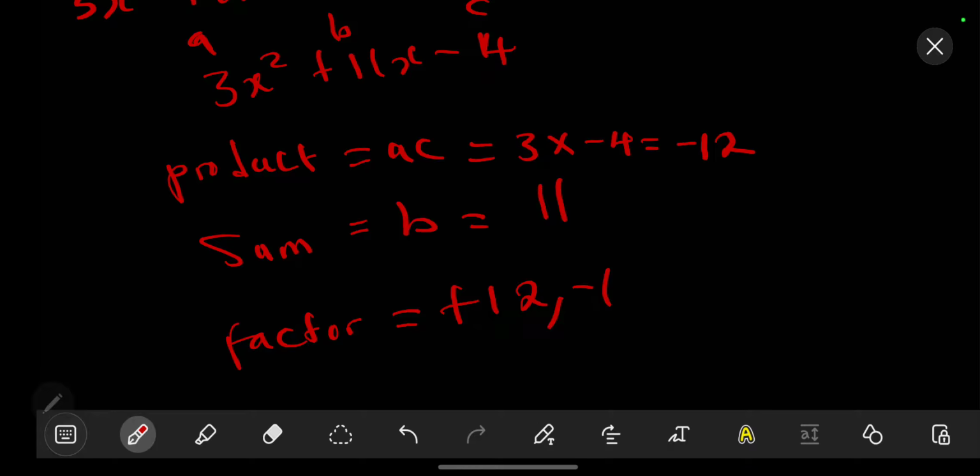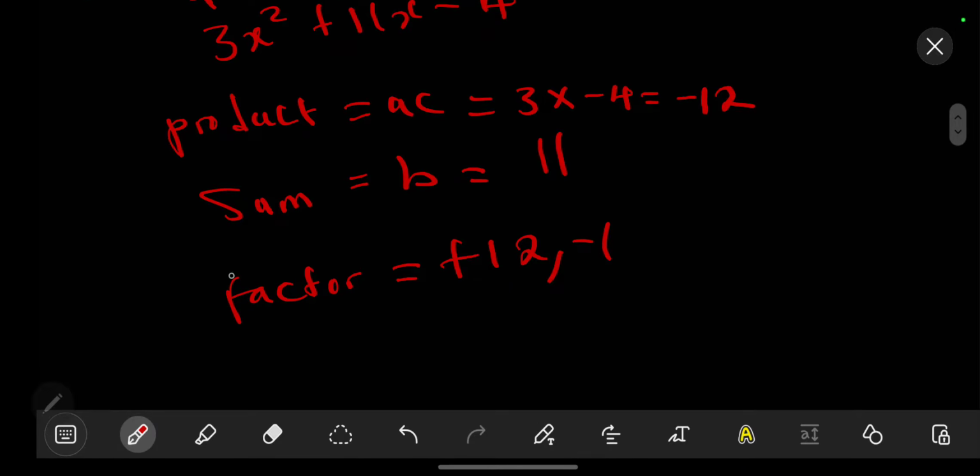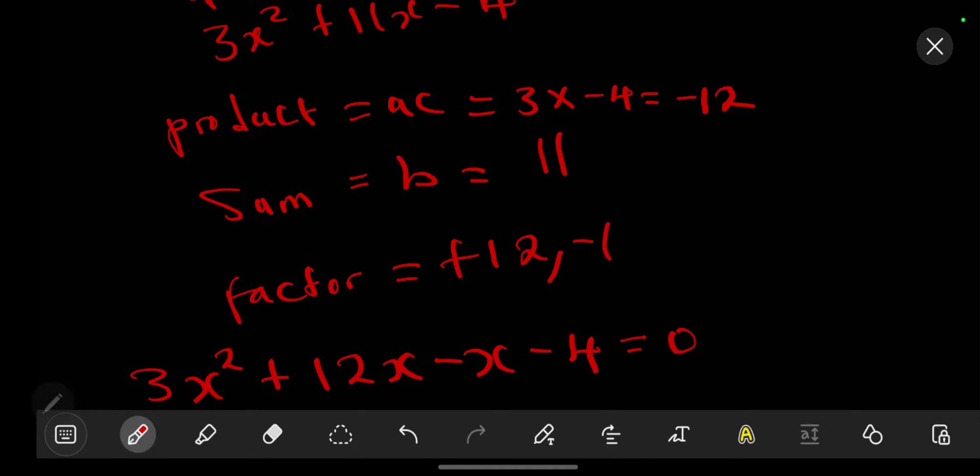So we put these values here: 3x squared, then plus, where there is 11 we put 12x, then minus x, then minus 4. So this is equal to 0.